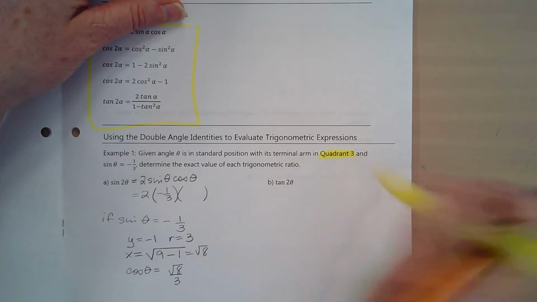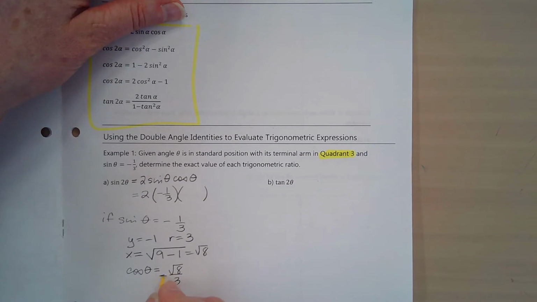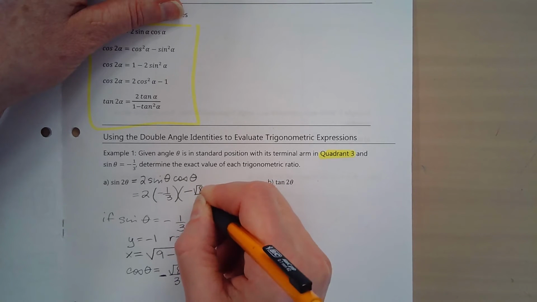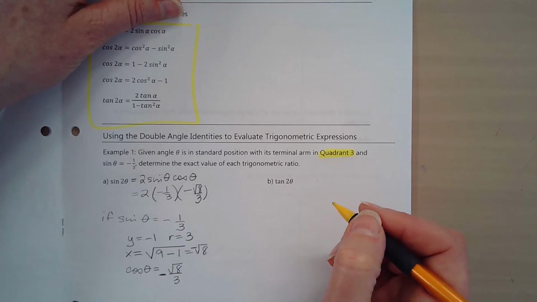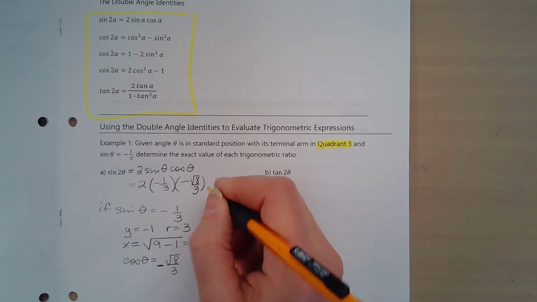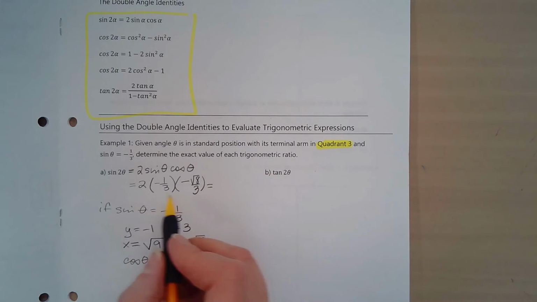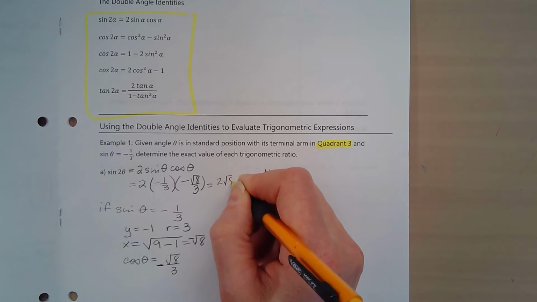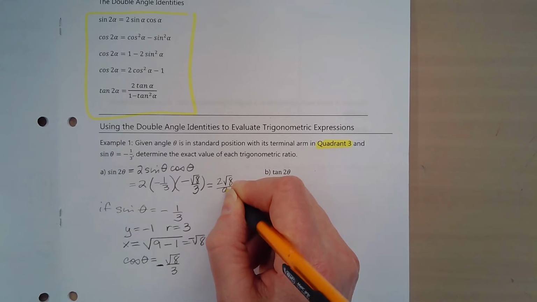I have to remember that. So I heard Eileen say negative. Okay, and I'll put a negative here too. So then that's just negative root 8 over 3. And then I have to come up with the final answer, right? So what would I have? It'd be positive 2 roots of 8 over 9.